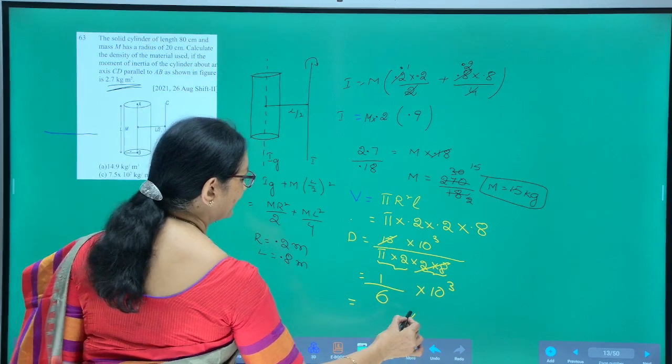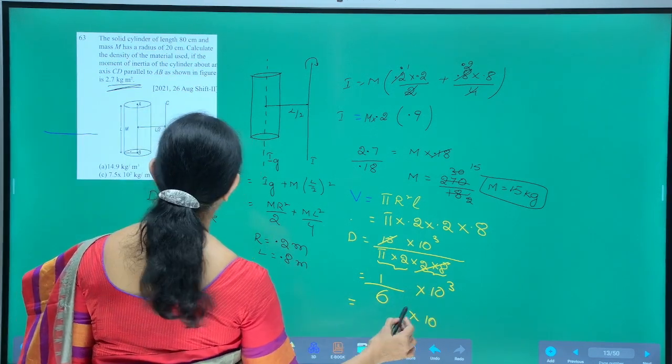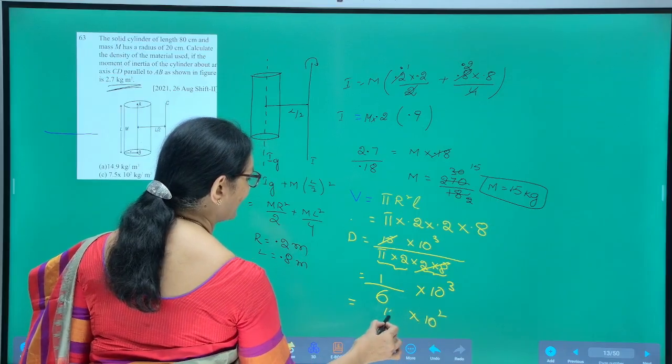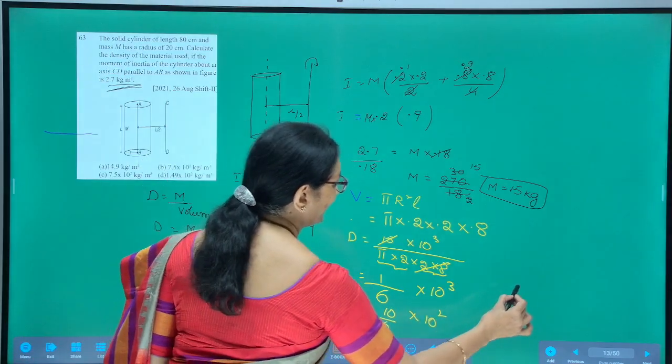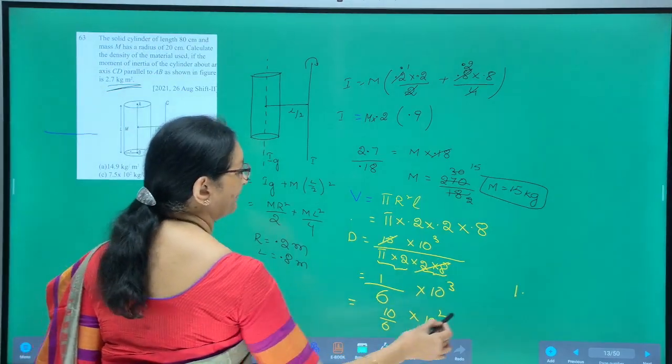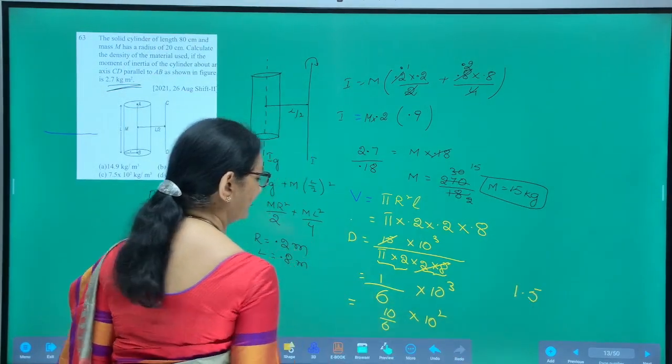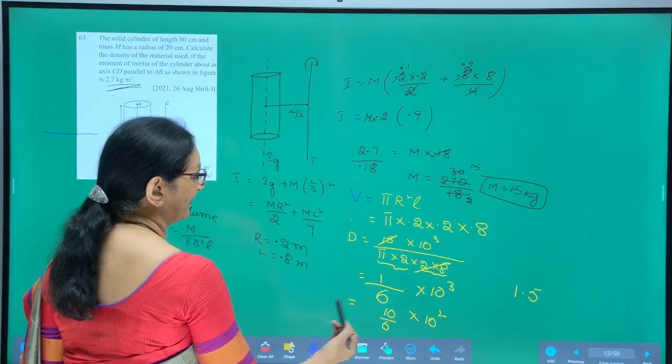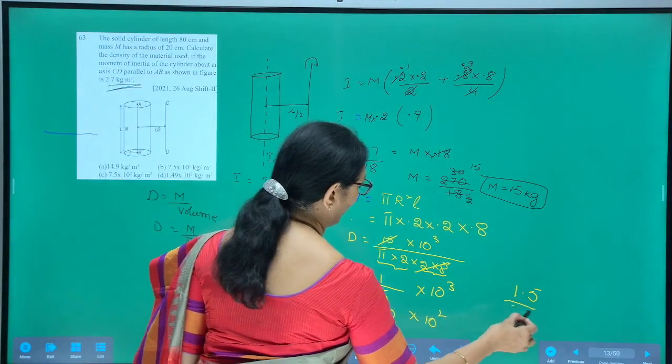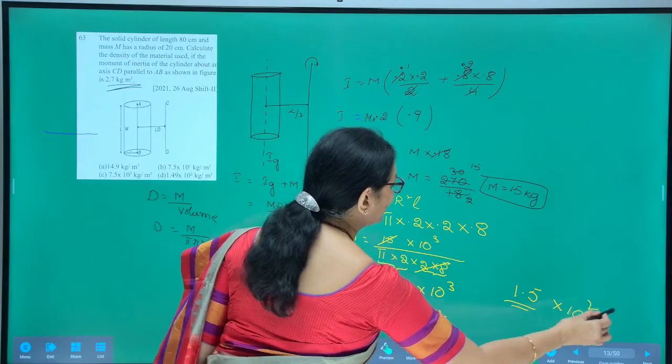So it is 10 square, you take it outside. So it is 10 by 6. 10 by 6 is 16 approximately, 15, 6 are 9, 1.5, 6 are 9, around 1.5 into 10 square.